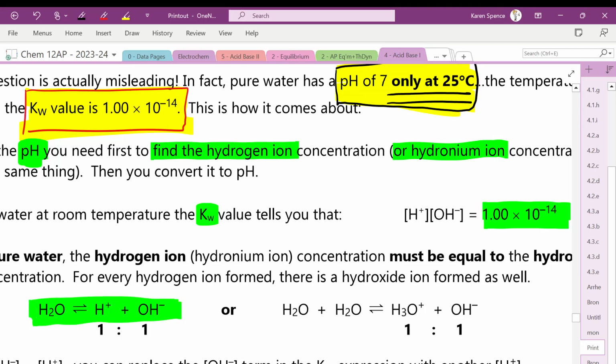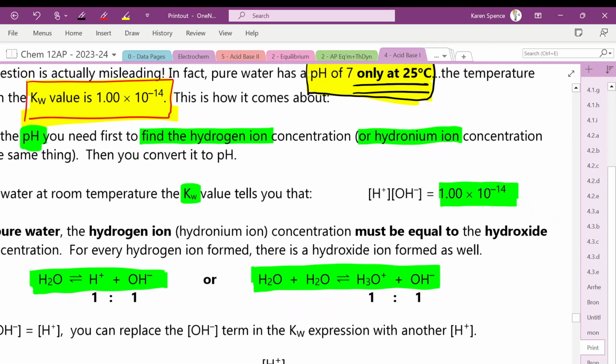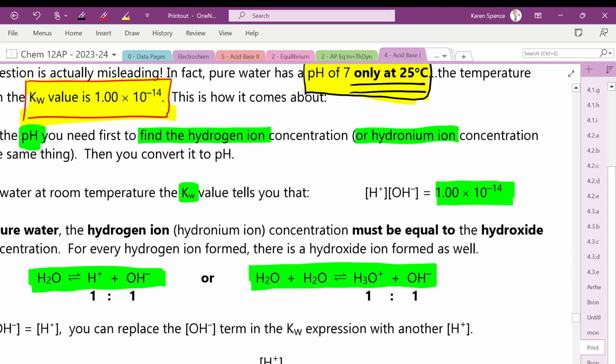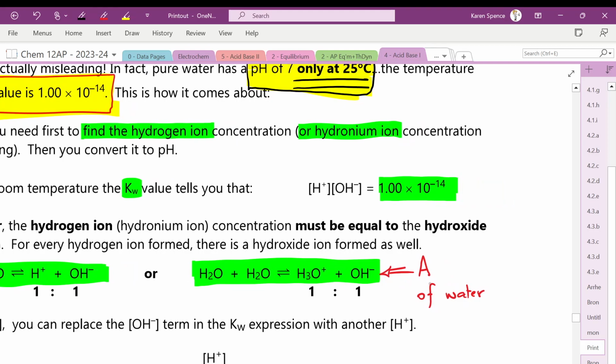What do we call that process where water turns into ions, or where you have two waters and you get H3O plus and OH minus? Tell your partner what we call that process. It's a big long word. Self-ionization of water.